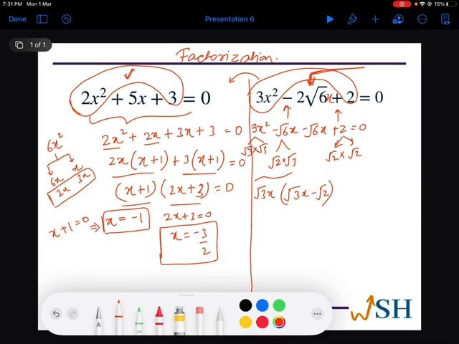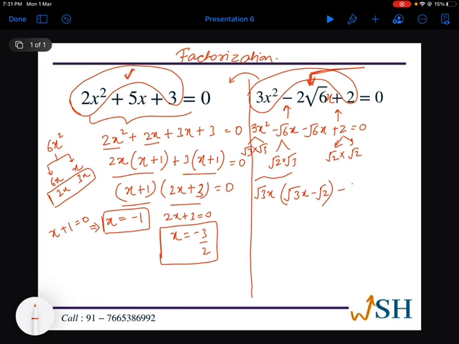Alright, now we'll have minus root 2 common. Inside we'll have under root 3 for obvious reasons, because again root 6 can be written as root 2 times root 3.